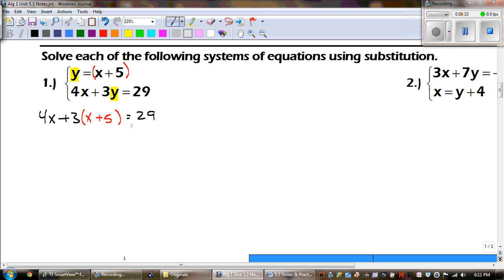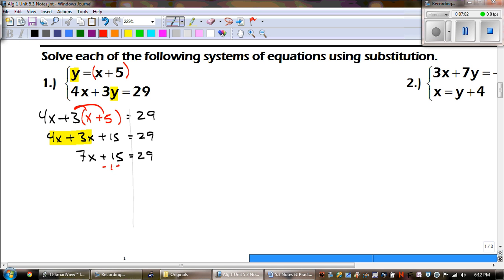Okay, so let's go ahead and solve. As I'm solving this, the first step is to distribute. 3 times x is 3x. 3 times 5 is 15. We need to combine like terms, which gives us 7x plus 15 equals 29.